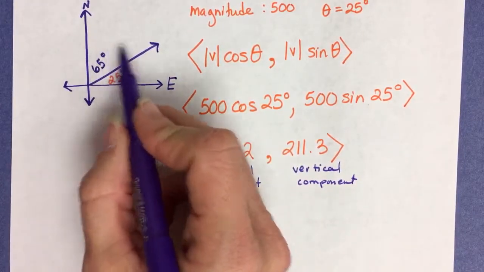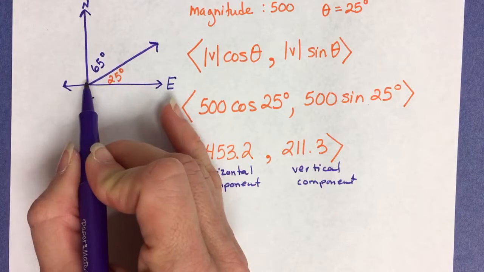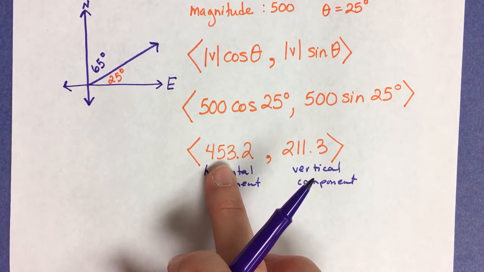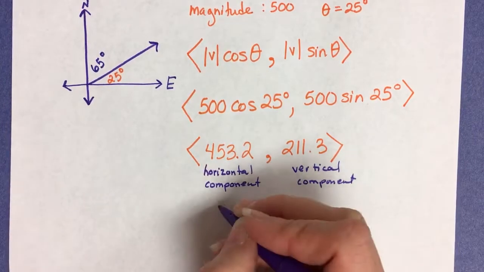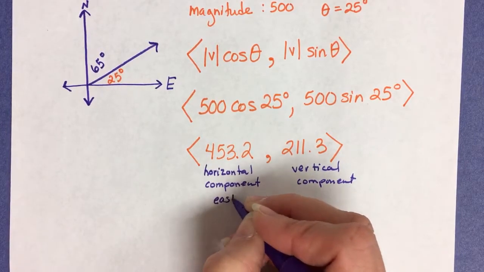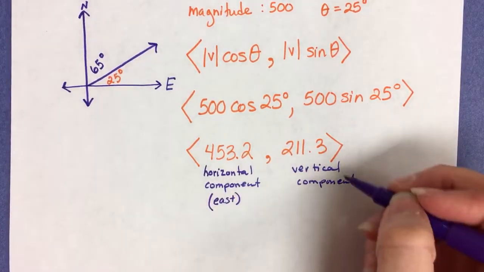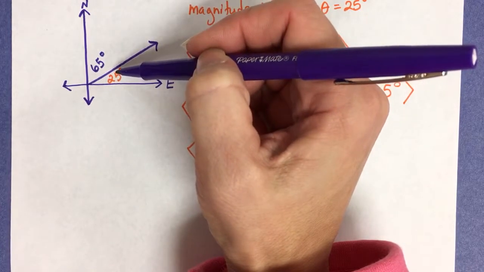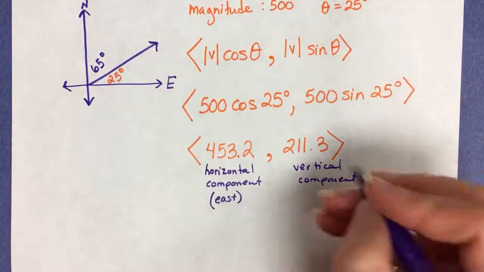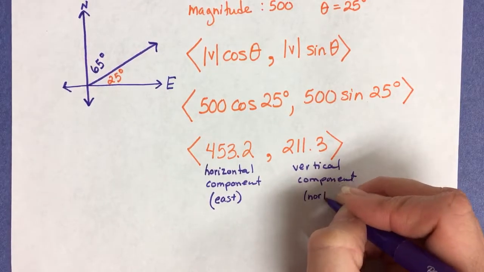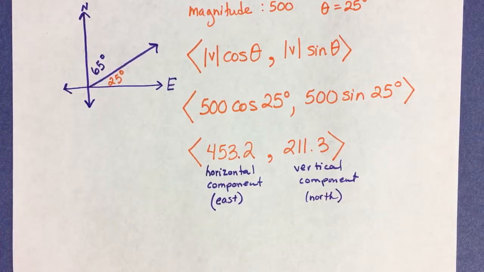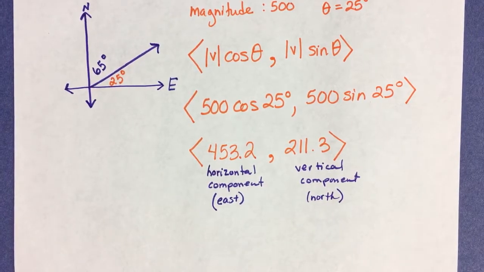So we're in this northeast region, but it just means the horizontal movement of the jet is 453.2 miles per hour, east. And this being the vertical component, since we're in the northeast region, direction-wise that would mean north. So the north movement or speed of this jet is 211.3 miles per hour. That's what those numbers end up meaning.